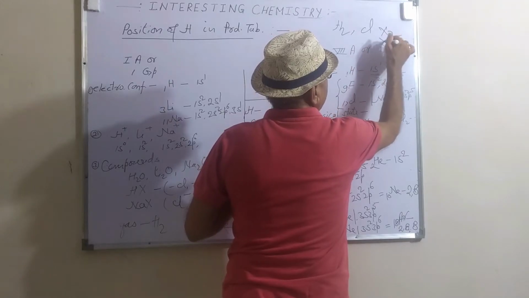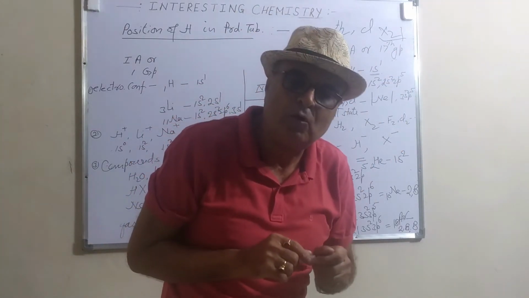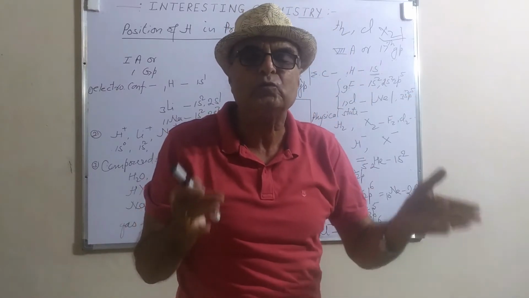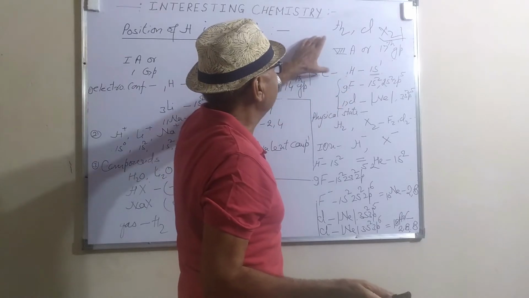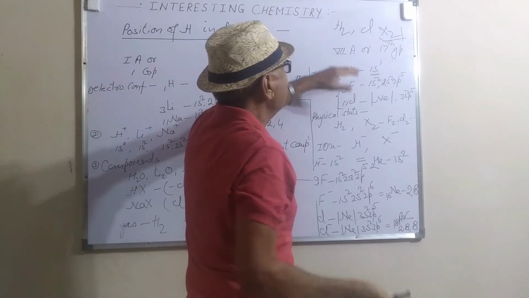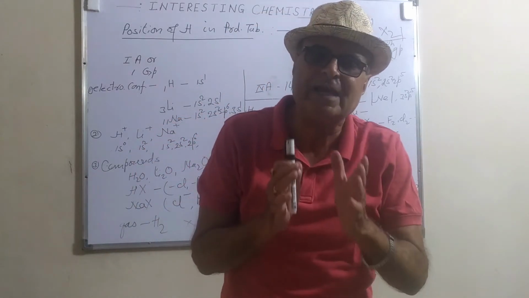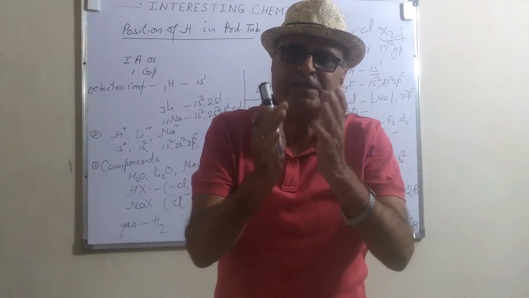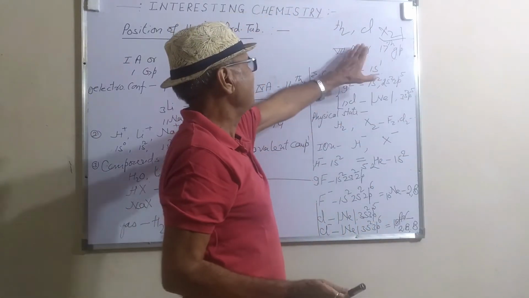All the halogen elements are diatomic, like Cl2, F2. Fluorine and chlorine are gaseous, and the physical state of hydrogen is also gas. So it may be placed with the halogen elements in the 7th group or the 17th group.